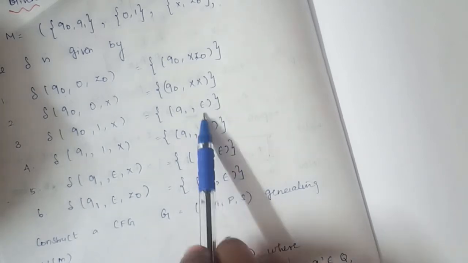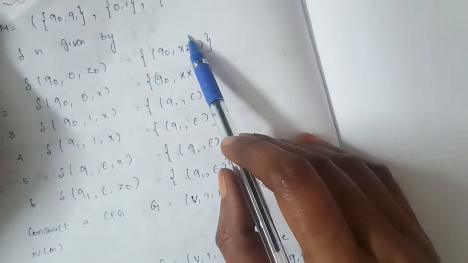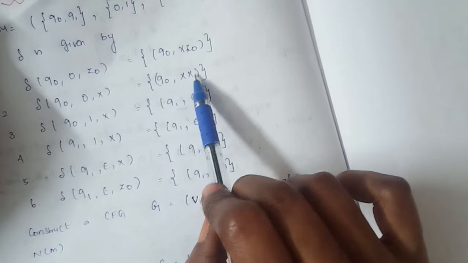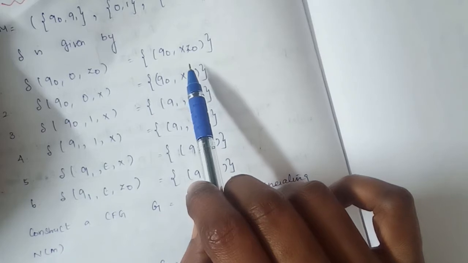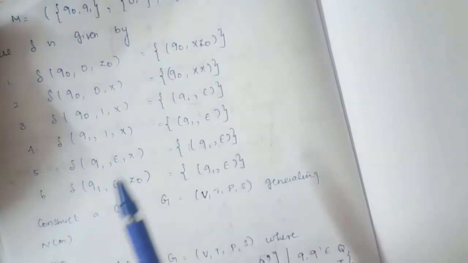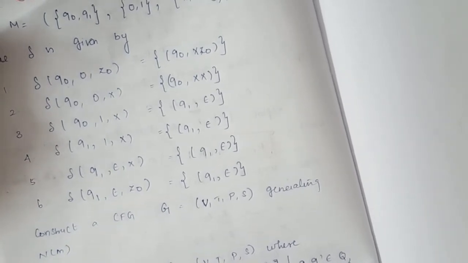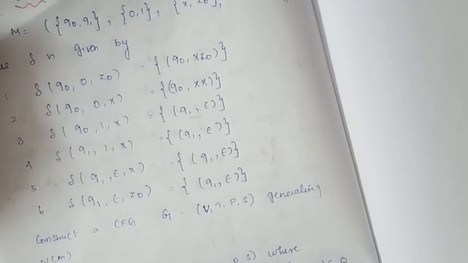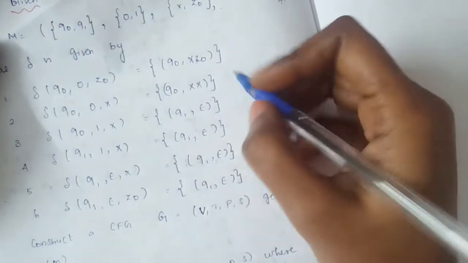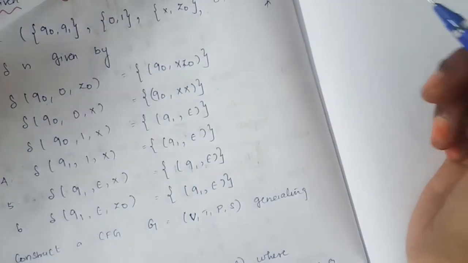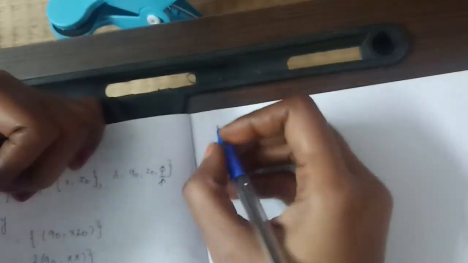When the output has non-terminal symbols, which means variables, those are known as non-terminal rules. So these are non-terminal rules, and 3, 4, 5, 6 are terminal rules. For terminal rules, we have to generate the rules.